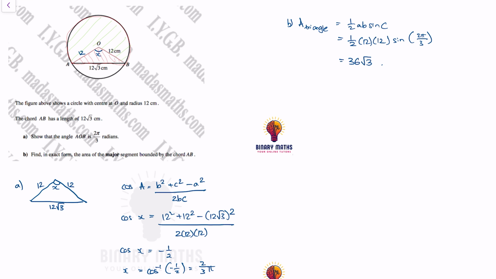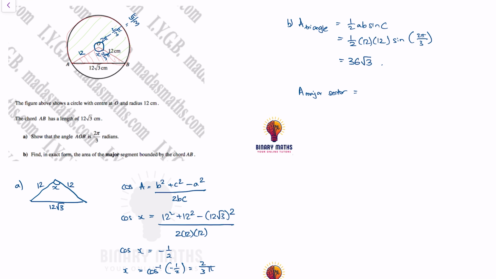Okay, now the area of the major sector. Because we want the major sector, I need this angle. So if this is 2 over 3 pi, then this must be 2 pi take away 2 over 3 pi, because angle around a circle is equal to 2 pi, which gives me 4 pi over 3.